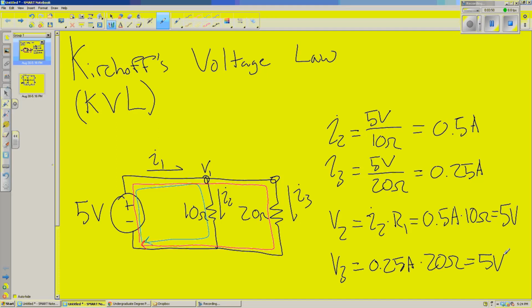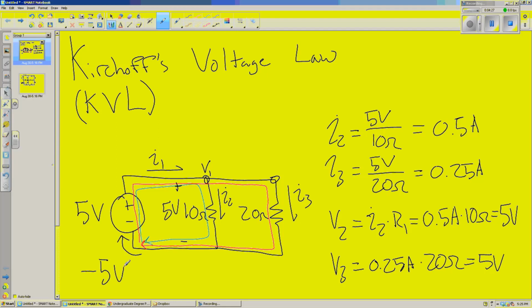So, running out of room on here, we have a 5 volt drop here. What we can say is let's take our hands, for example, and set our fingers pointing along that green arrow. I've got my right hand following the green arrow, following the circuit, coming up through that source. So we go up through the source, we hit the negative side, and we subtract it. So negative 5 volts, that's kind of ugly.